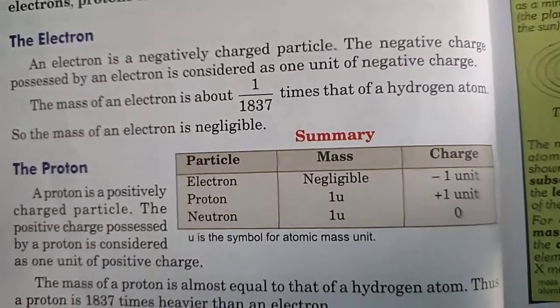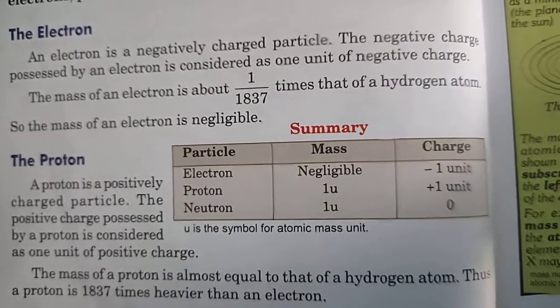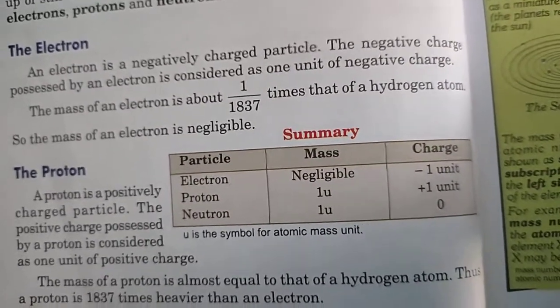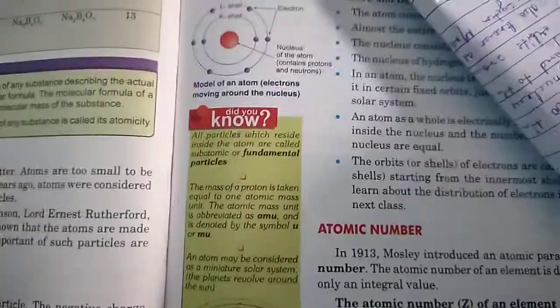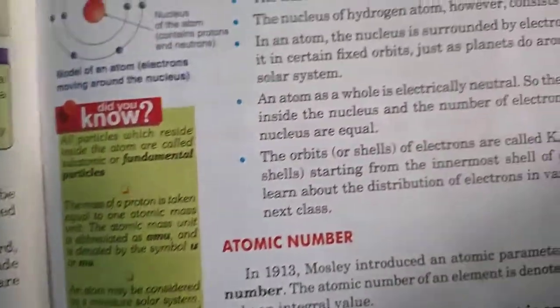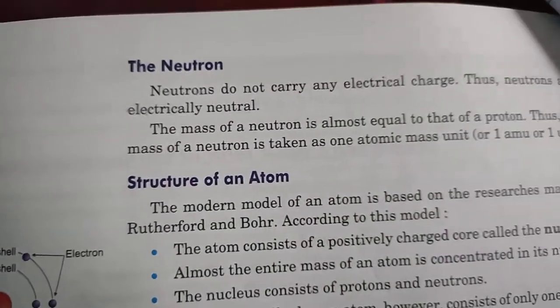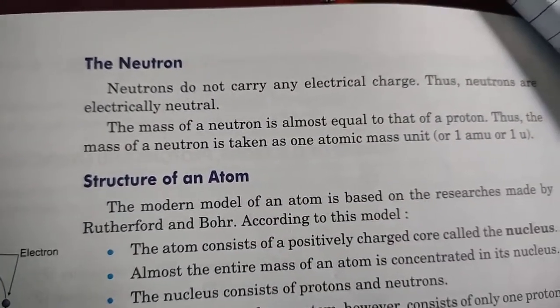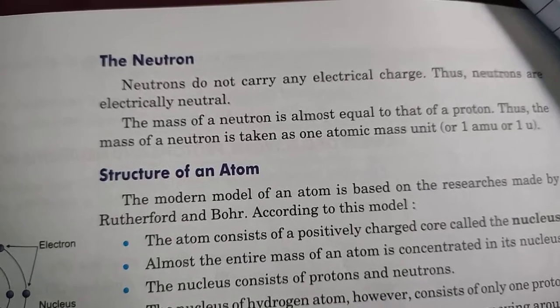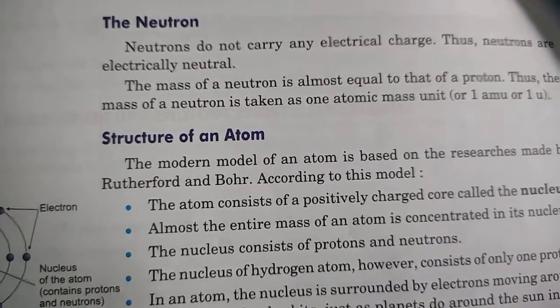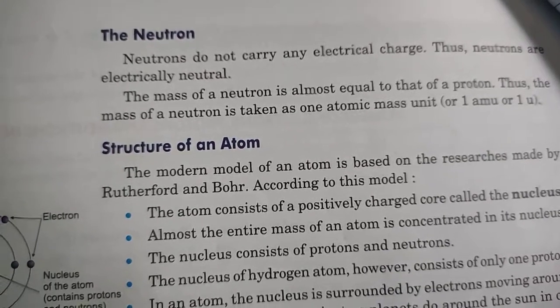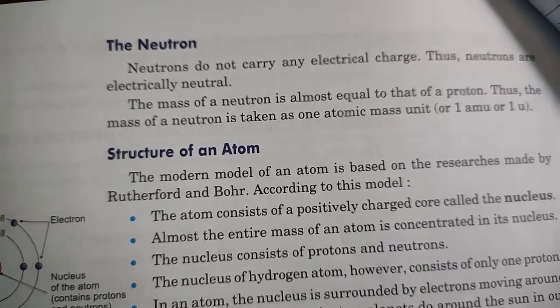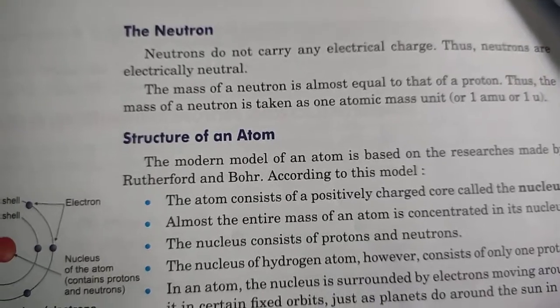So electron, you can see here, minus 1 unit, proton plus 1 unit, and neutron is electrically neutral, meaning no charge. Neutrons do not carry any electrical charge. The mass of a neutron is almost equal to that of a proton. Thus, the mass of a neutron is taken as 1 atomic mass unit or 1 AMU.